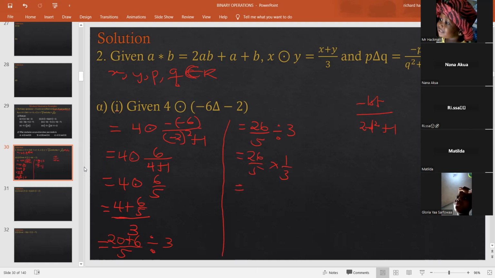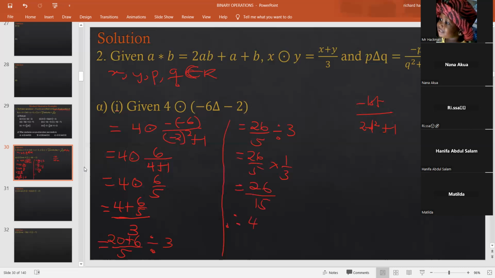So I'll end up getting, remember, can you reduce? No. So you multiply numerators. So 26 will multiply the numerator 1 here, which is 26. 5 will multiply the 3 here, which is 15. But unfortunately, you cannot conclude with an improper fraction, so you have to change. But I will do the change in my conclusion.